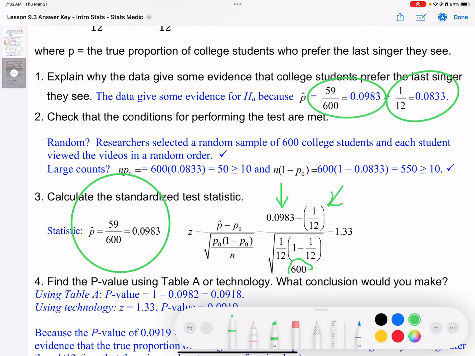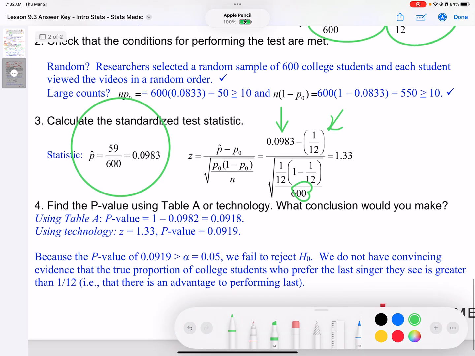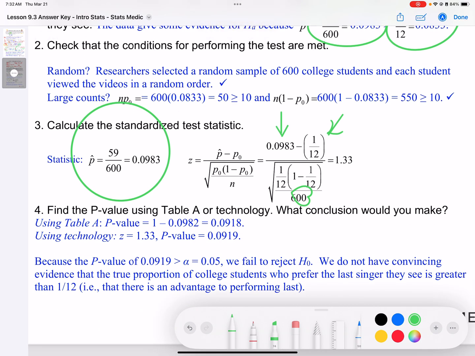And then n is the number of samples, and that is 600. If you use table A, which is the z-score table, you'll get this value. If you use menu 6.5.2, you get something a little bit different, but really similar. And this is where you get about 9%.